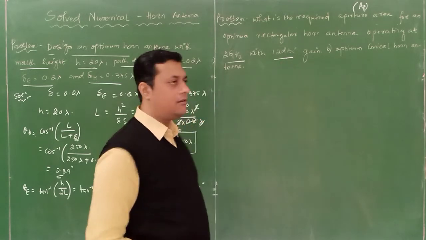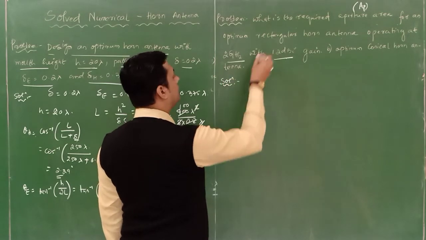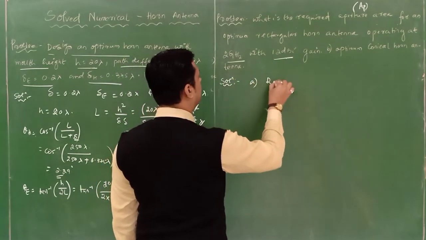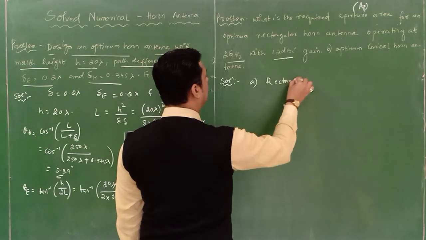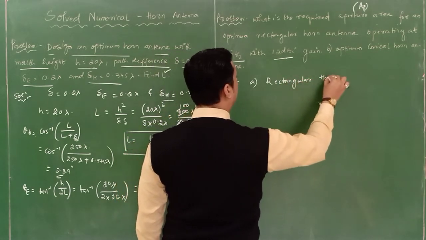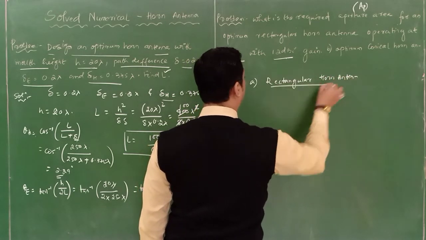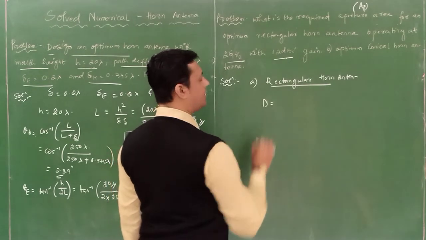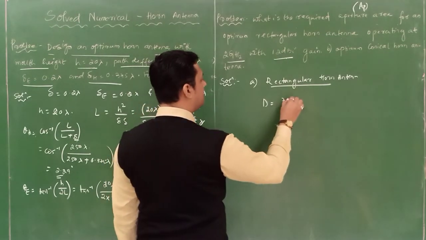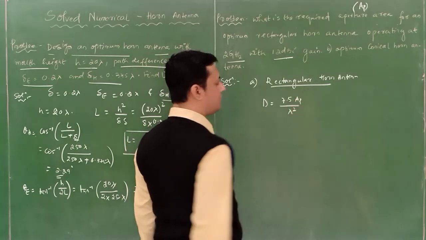Now we are going to solve for rectangular first, then we will solve for conical. So first we will solve for the rectangular horn antenna. We have the relation directivity is 7.5 AP divided by lambda square.